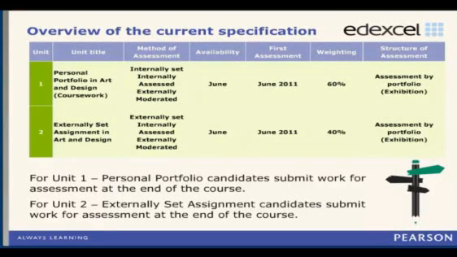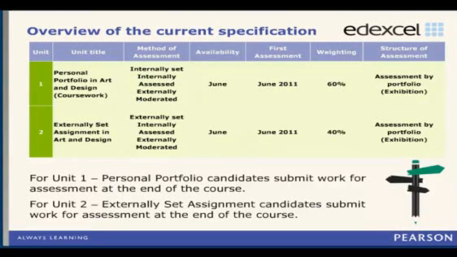The externally set assignment is weighted at 40% of the total marks available. What do you actually make an assessment decision on? It's the body of work, which might again take the form of a portfolio presented to you, or it might be set out for you to make your final assessment decisions in the form of an exhibition, and similarly for the moderator.